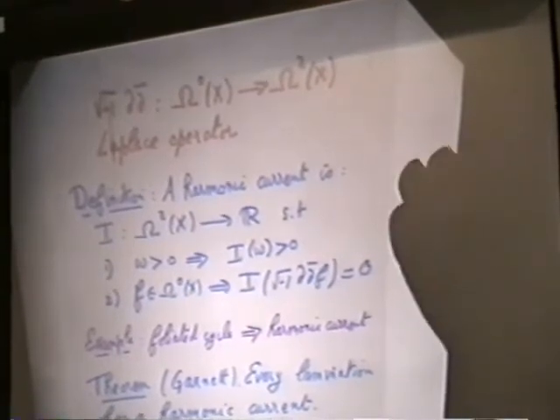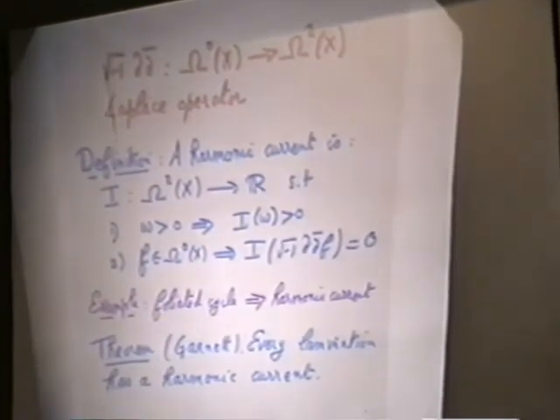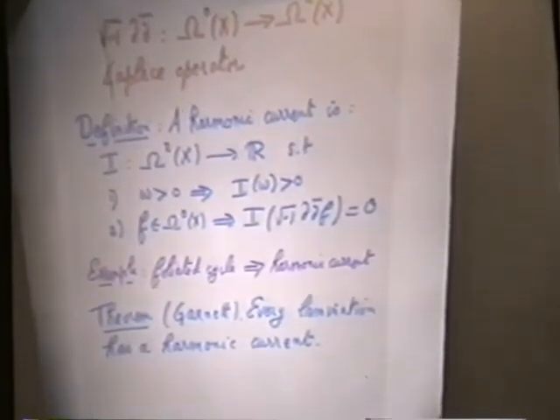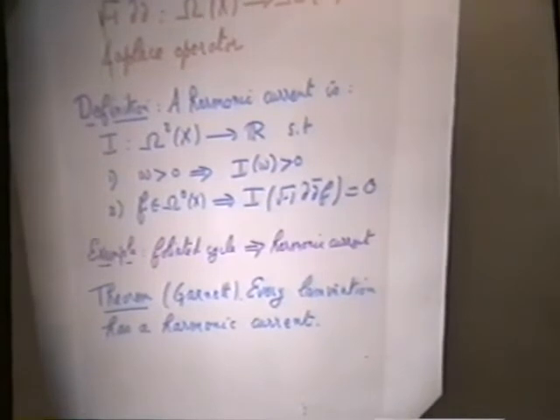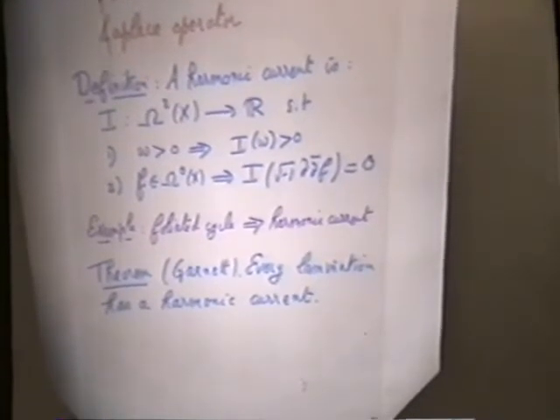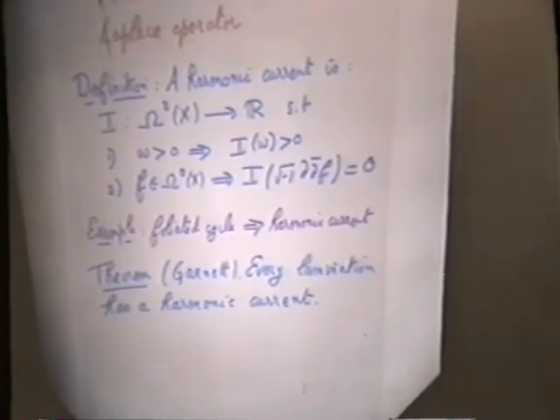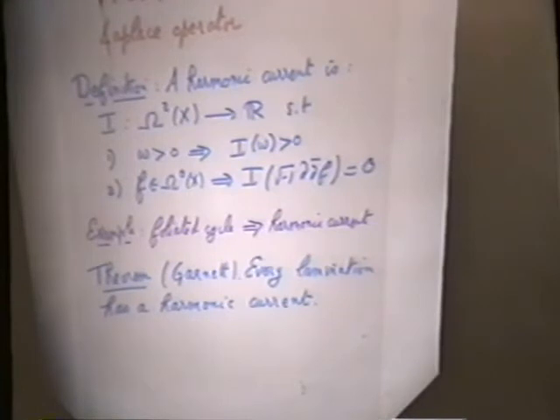And the definition is this. The harmonic current is exactly like yesterday for foliation cycle. We want to be able to integrate forms. So a harmonic current is a linear map on two-forms which is positive on positive forms, just like yesterday, and we will weaken the definition of foliation cycle, and we ask for that.